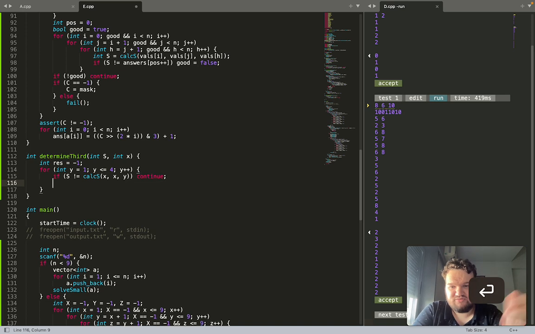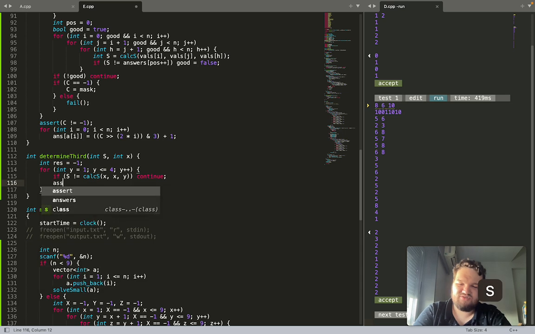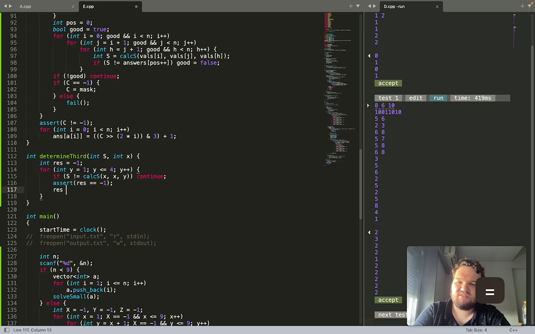And if it is equal to S, then say that it is the answer, but just for sanity check, if there are 2 possible answers, that shouldn't happen. So assert that it is still -1.